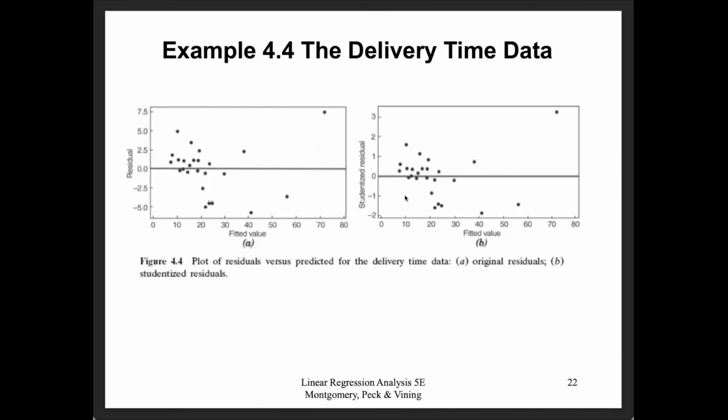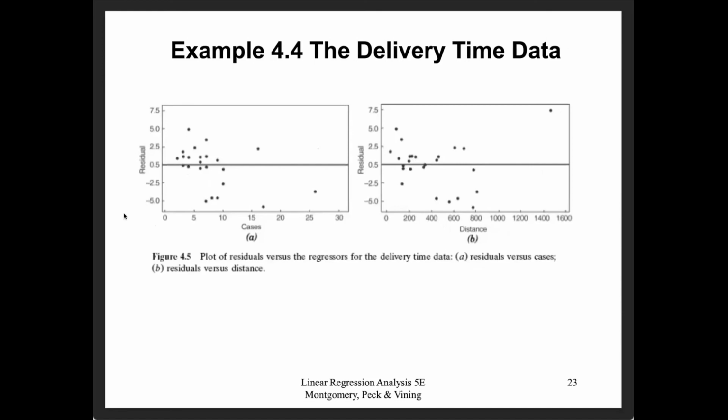But once we've studentized the residuals, we know that if we see values beyond say 3, then those are outliers and they need to be looked at.